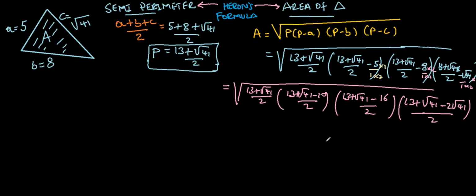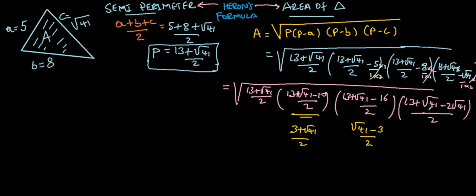Then after finding this, next you have to sum the similar terms. In this case, 13 minus 10 will be 3. So this becomes 3 plus the square root of 41 over 2. And here, 13 minus 16 will be the square root of 41 minus 3 over 2.